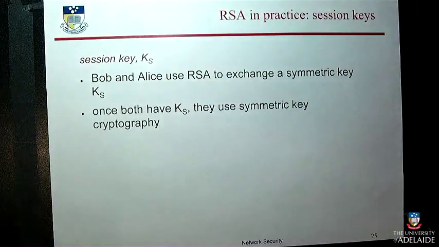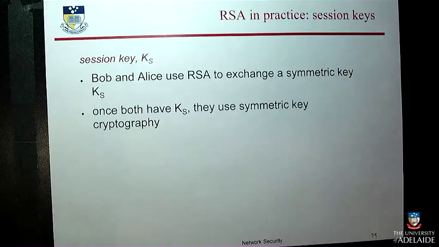Now, in practice, what RSA is really used for is to exchange session keys. That means we use public key cryptography to exchange a symmetric key for the following computations. Why do we do that? Because public key cryptography is heavy. It requires calculating exponents to some very large number, so it's mathematically demanding on the machine.